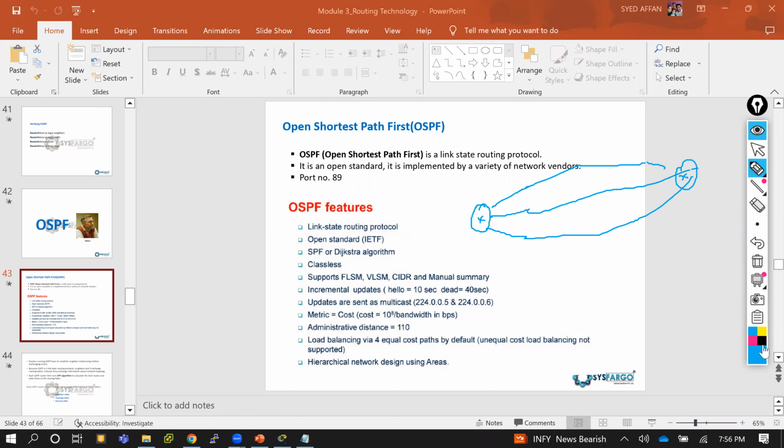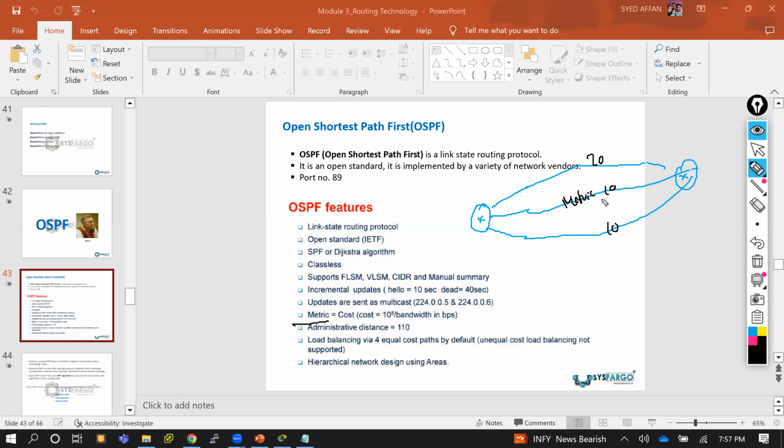Suppose 2 paths get the same metric, 10 and 10, and another has 20. Which is the lowest? 10. But 2 paths have the same metric. Then which one will it select as the best path? To reach the destination it selects only one path as the best path.